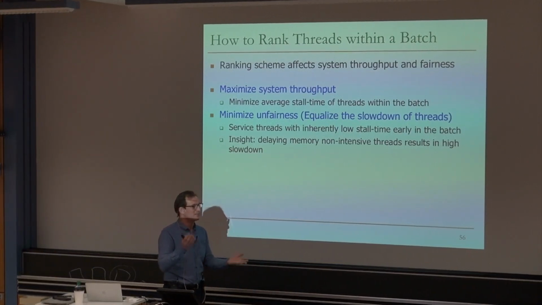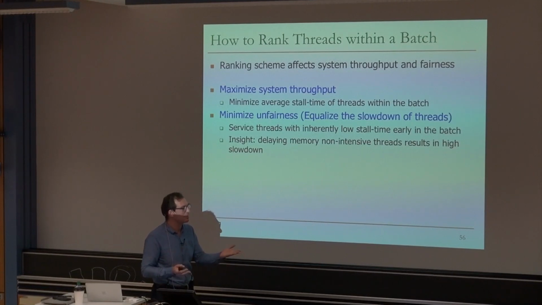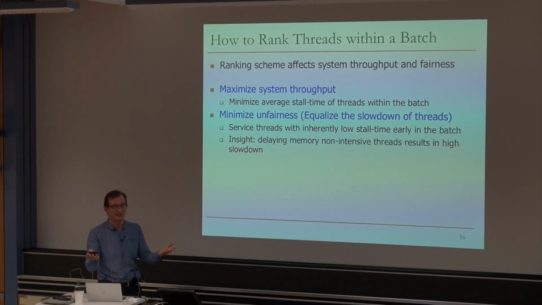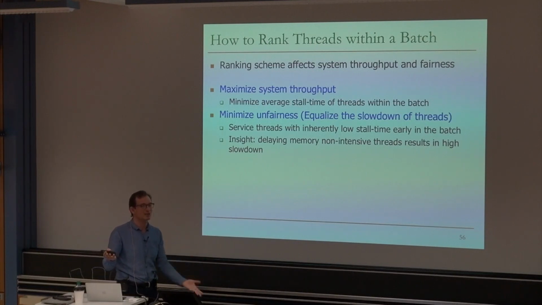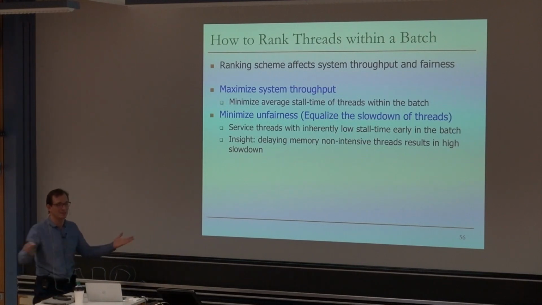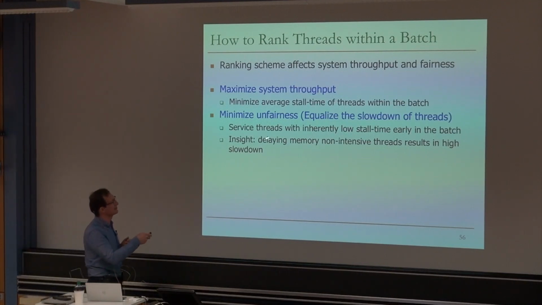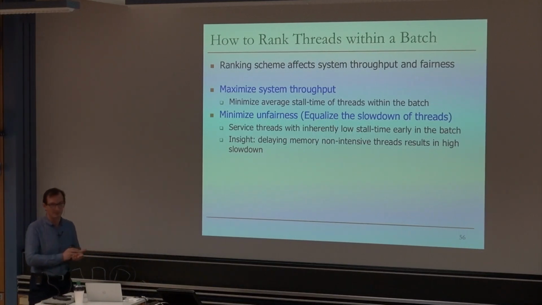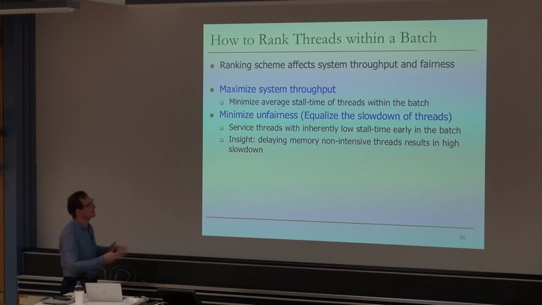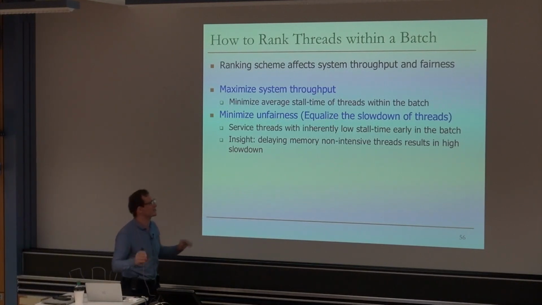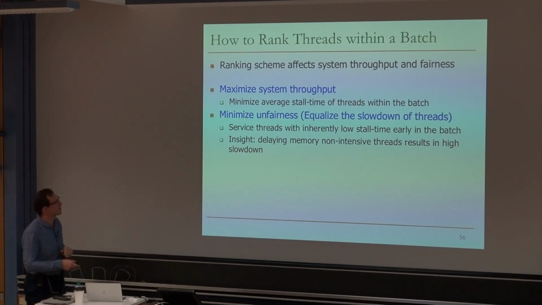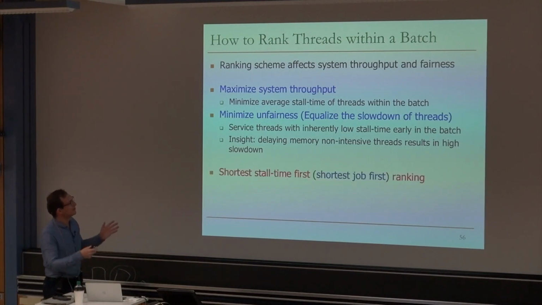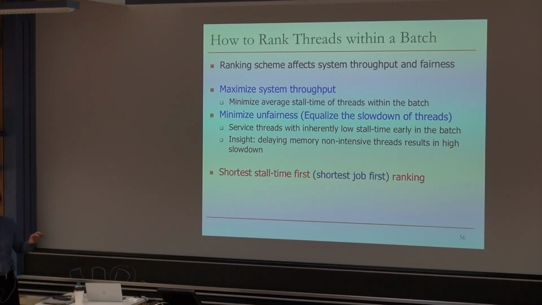Basically, if you delay a memory non-intensive thread by the same amount that you would delay a memory intensive thread, you have a much worse impact on the memory non-intensive thread, because it doesn't stall that much to begin with, and you're delaying it by the same amount. So the insight is this: don't delay the memory non-intensive threads that much, prioritize them inside the batch. Because, as I said, delaying memory intensive threads doesn't affect fairness as much. It doesn't affect performance as much also. Okay, so that's the idea. If you actually want to realize this, it turns out both of these benefit from shortest stall time first ranking.